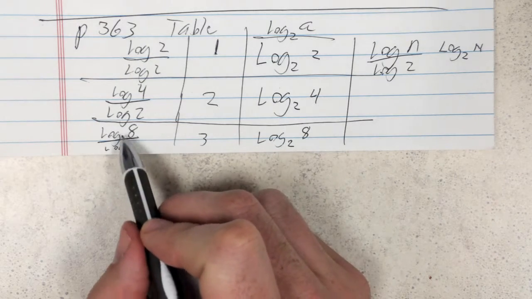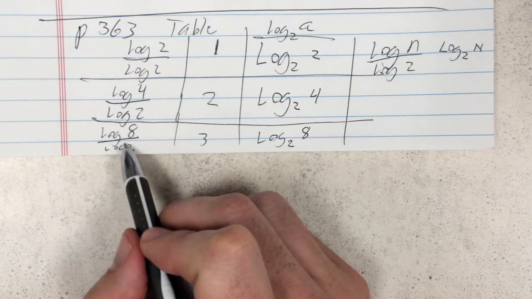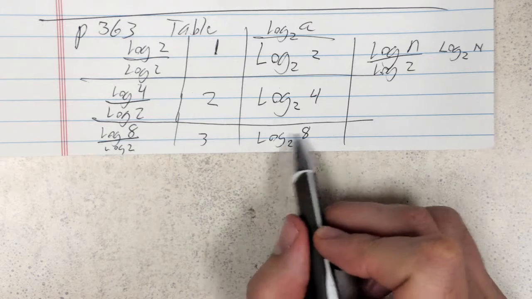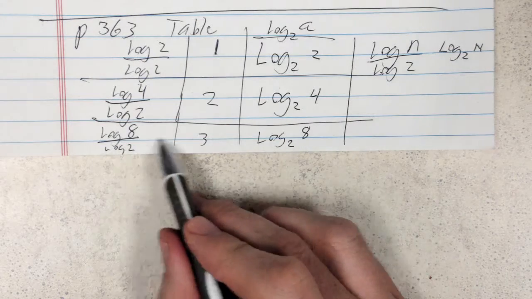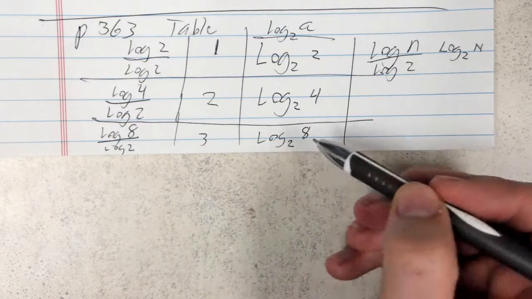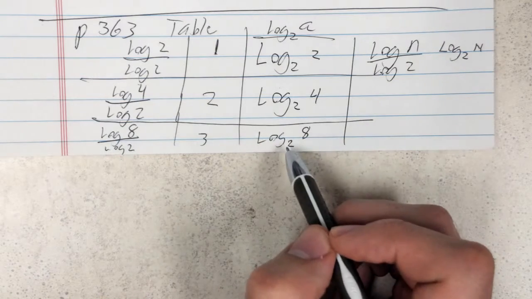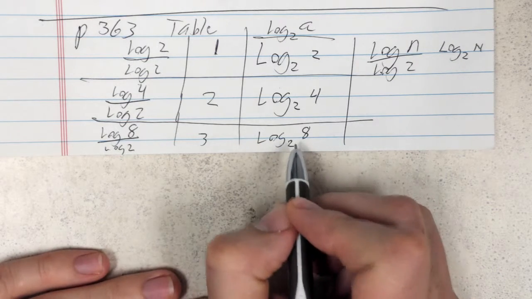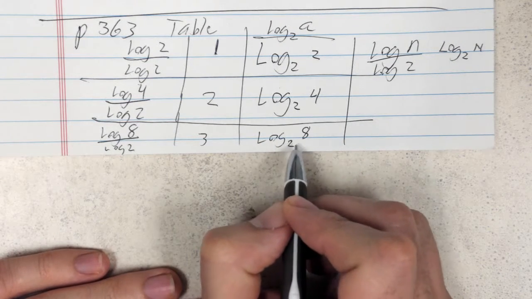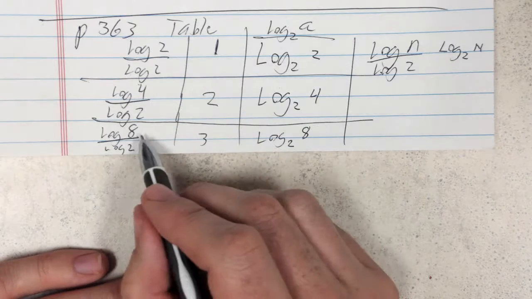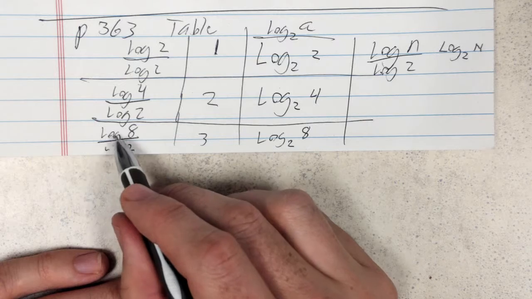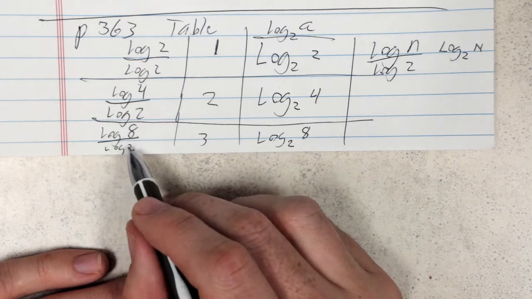Both of these are base 10, and now we've got it in base 2. So we're going this way. We were going here, but we can also go back this way, and that's what's going to become our change of base formula: if we've got log base something of 8, we can rewrite that as log base 10 of 8 divided by log base 10 of 2.